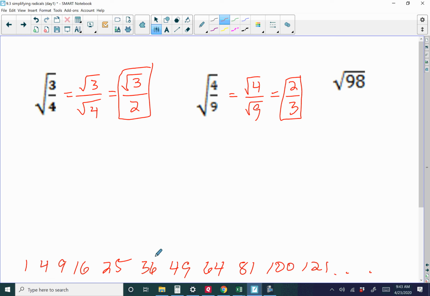Okay? And that's just simply 2 times 2 is 4, 3 times 3 is 9, 4 times 4 is 16, 5 times 5 is 25, 6 times 6 is 36, 7 times 7 is 49. You get the idea, right?